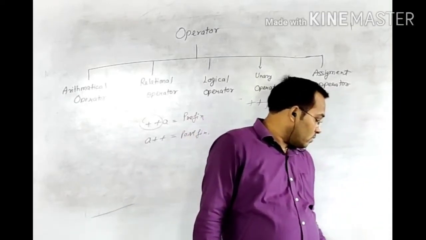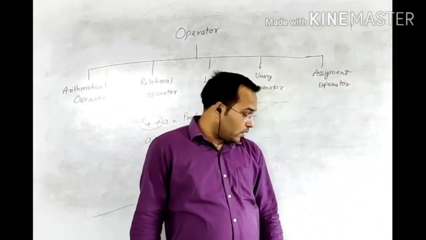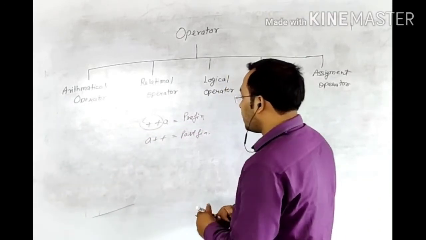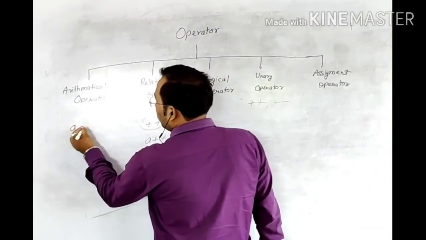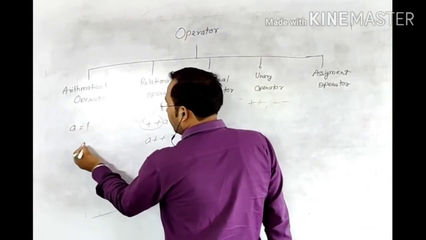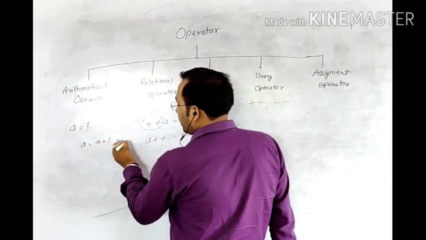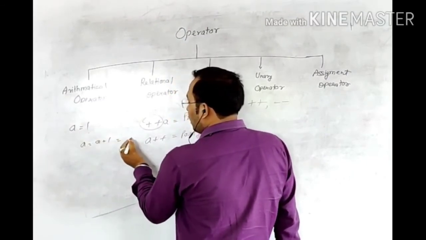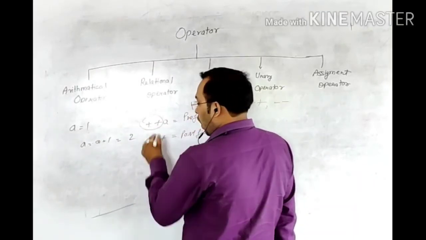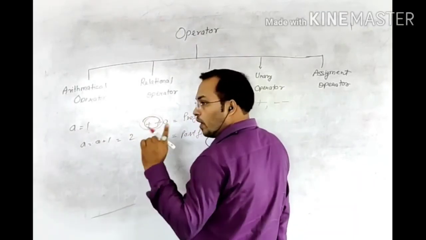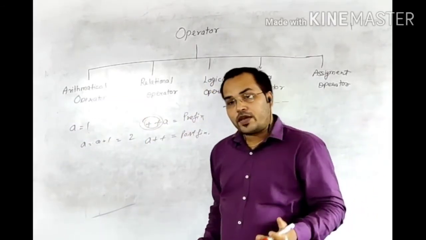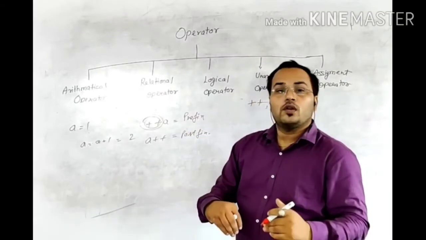Now next one is prefix and postfix. Suppose this type of statement is written, if a equals to 1, in that case what happens? In plus plus a, we will do a equals to a plus 1. That means a is 1 and 1 is added into it, it will become 2. Plus plus always increases the value by one. And one thing I told over here, prefix, that means first of all you have to recharge.